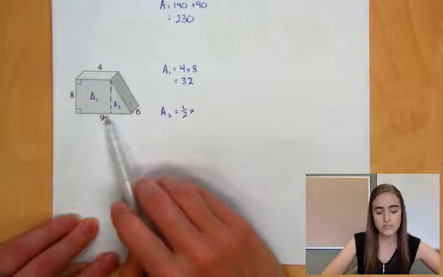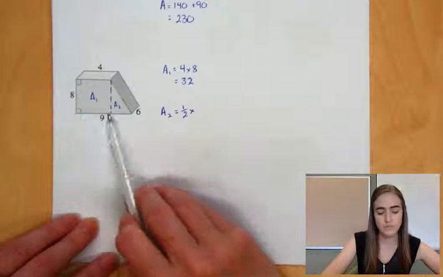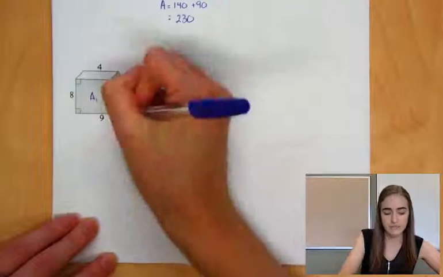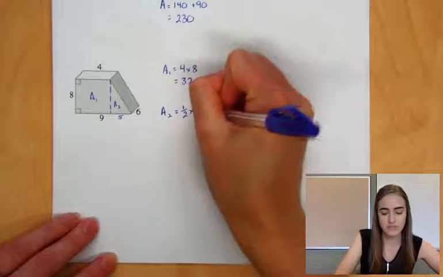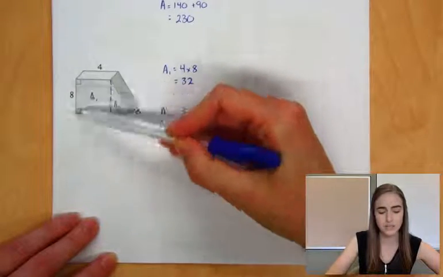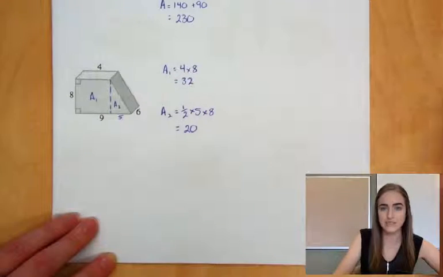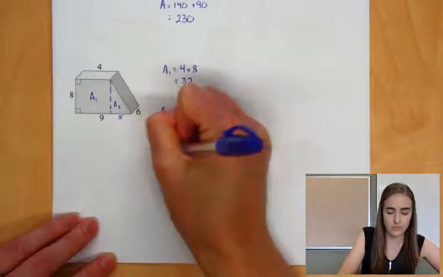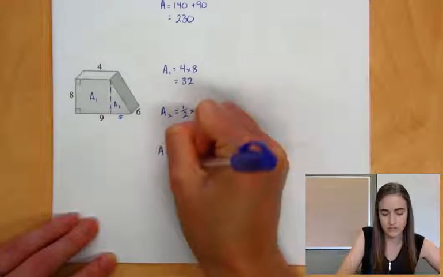We know that the whole distance along the bottom is 9, and that this distance here is 4. So that means that what's left over here has to be 5. So we're going to have half times 5 times the height, so this bit here, which was our 8, and that would give us 20. So the total area would be 32 plus 20, which would give us 52.